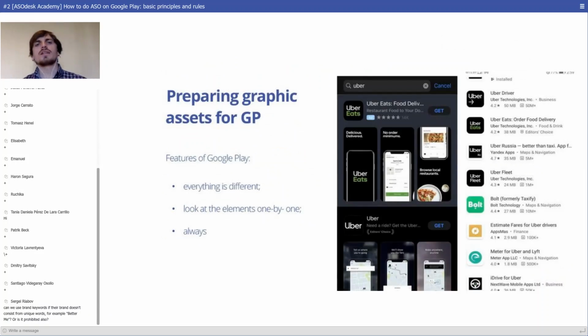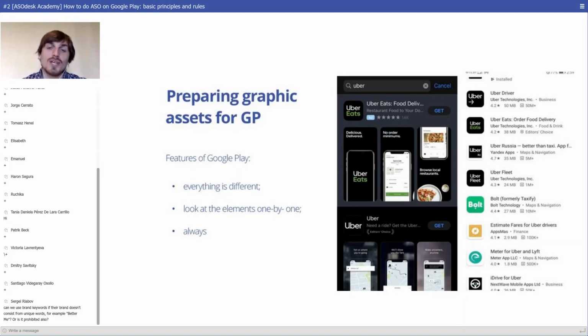Preparing graphic assets for Google Play. As I have said already, there is a huge difference between search results on Google Play and the App Store. Everything is different. Just look at the elements of the search results on Google Play and the App Store.